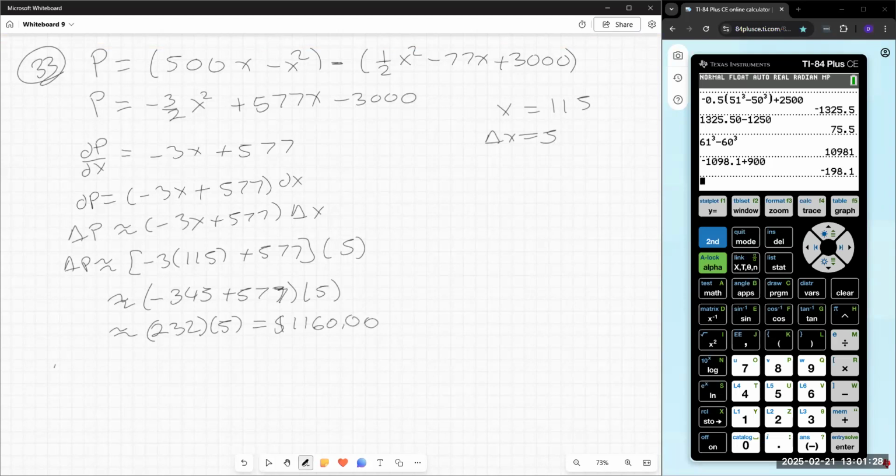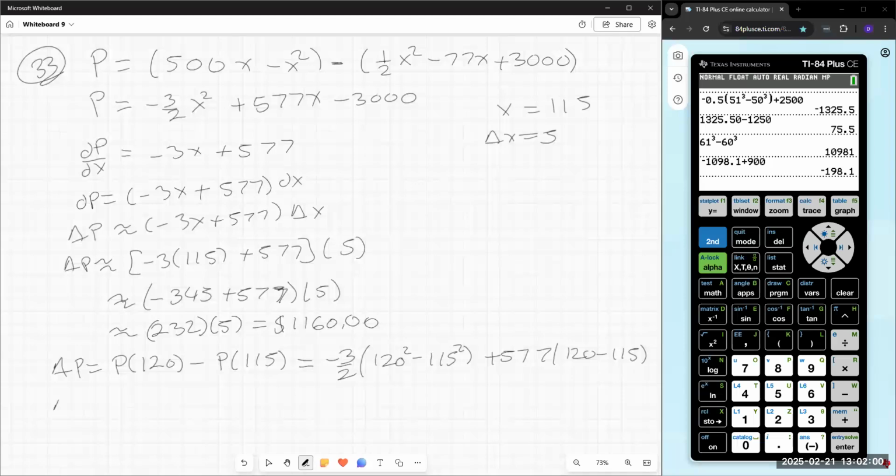My exact value of delta P will be P of 120, that's the 115 plus the 5, minus P of 115. That is -3/2 times 120 squared minus 115 squared plus 577 times 120 minus 115, and the constant part is going to go away.